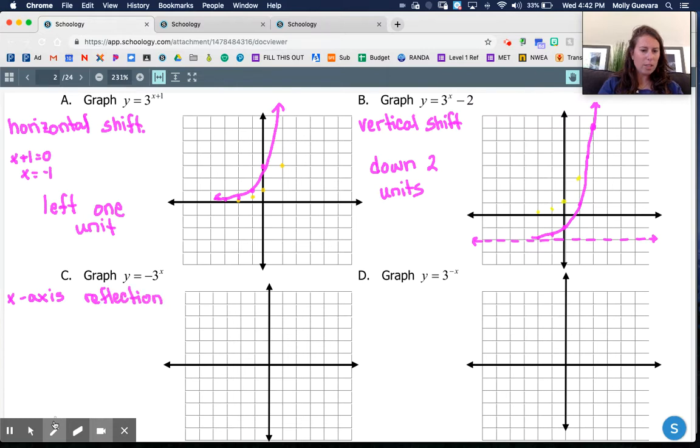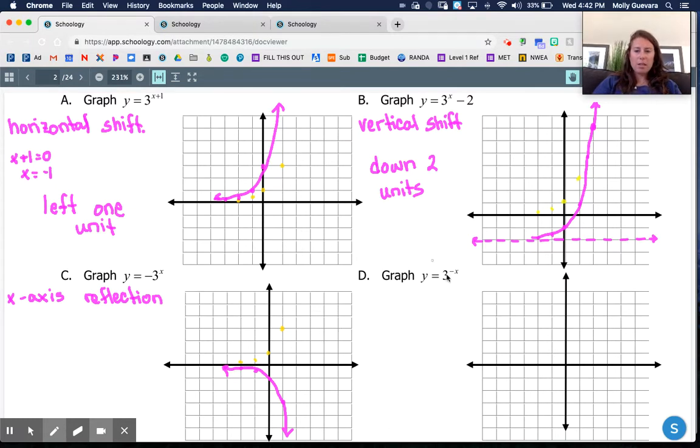So again, if I plot the parent points, 1/9, 1/3, 1, 3, all I'm going to do here is reflect everything over the x-axis: negative 1/9, negative 1/3, negative 1, and negative 3. So now the graph is opening down instead of up. All these rules are the same as parabolas.